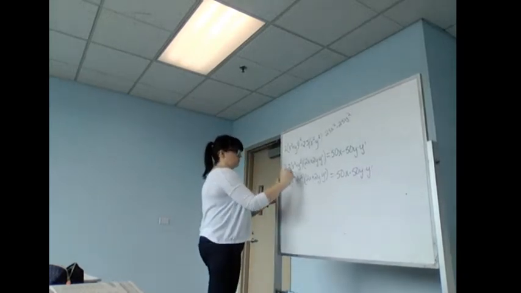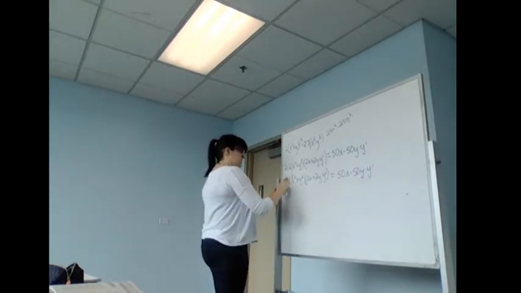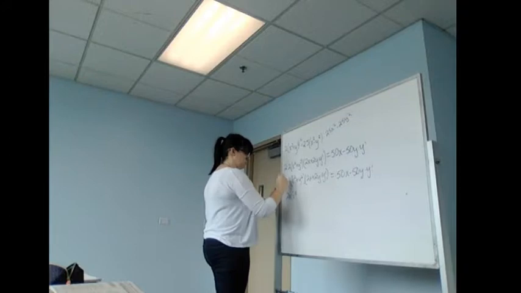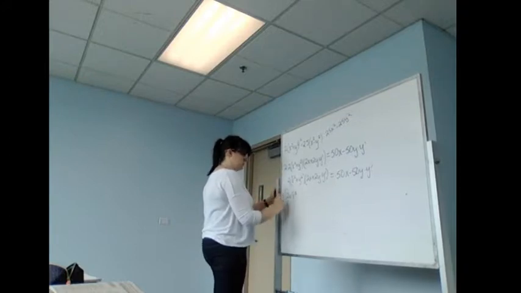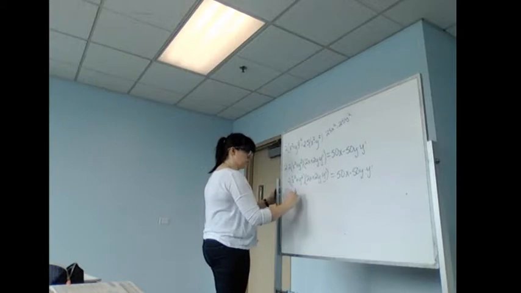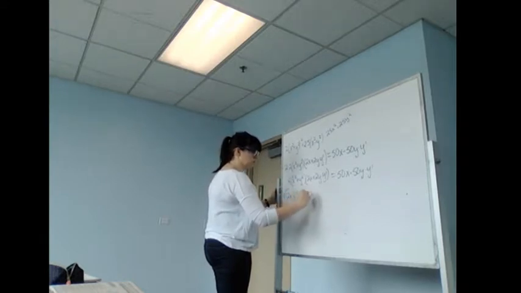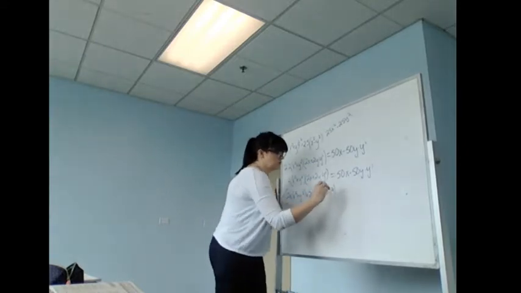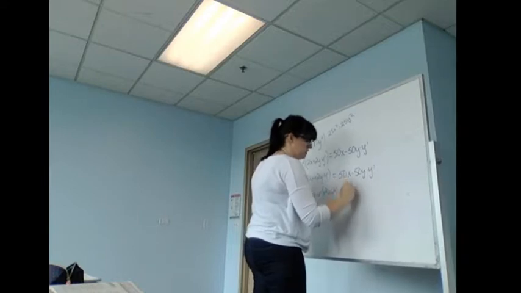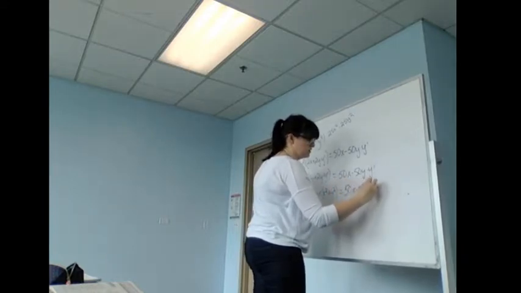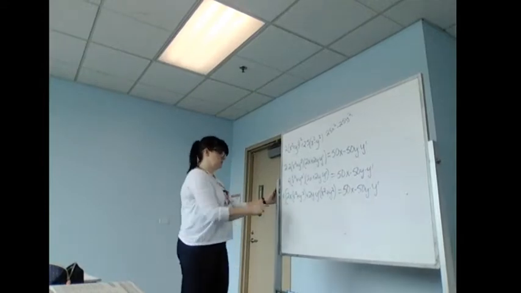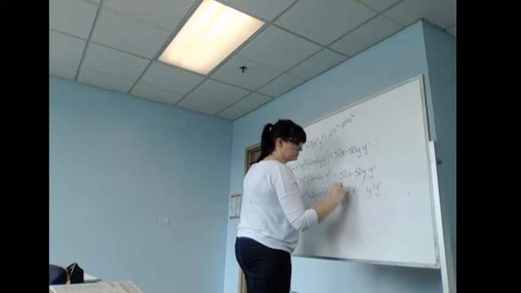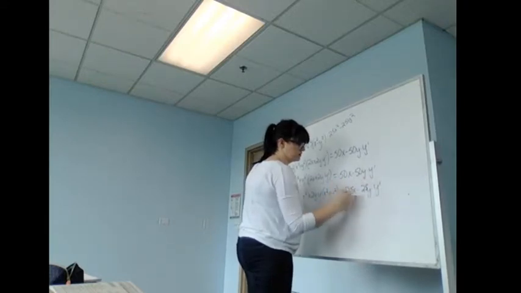So then this is 4, well, let's not do that. Let's do it this way. 2x times x squared, and then plus y squared plus 2y times y prime times x squared plus y squared equals 50x minus 50y times y prime. Divide this over here. 25x, 25y over 2.